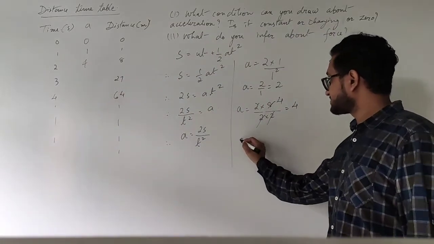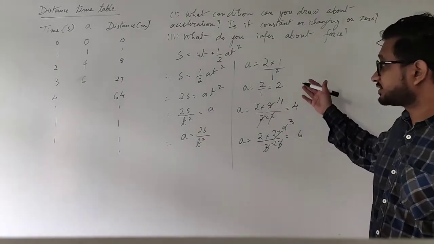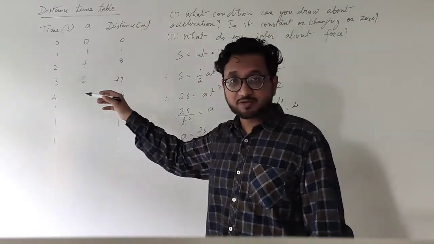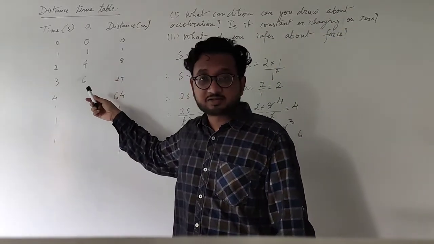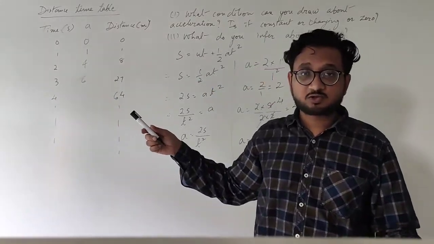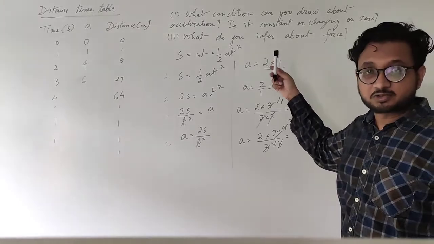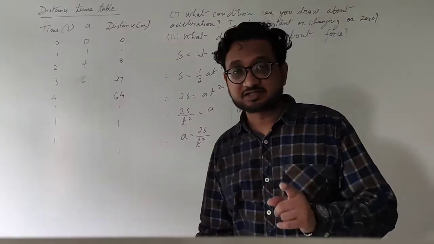Third one, acceleration. As you can see from this particular equation, we can see that the acceleration is changing. Okay, so it is not 0, it is moving. Therefore, acceleration is also increasing, and finally, it is not constant or 0. Okay. So we can say that acceleration is increasing.